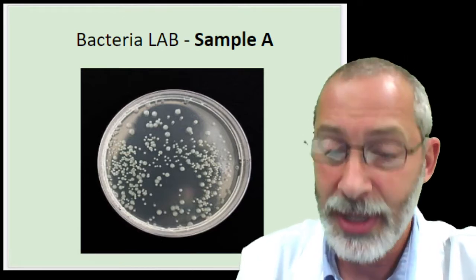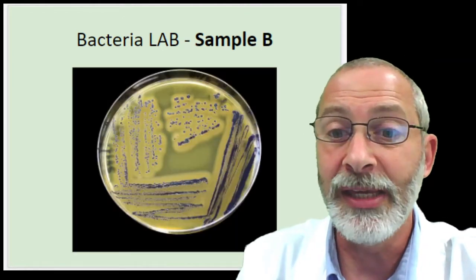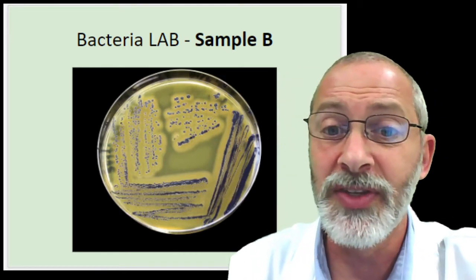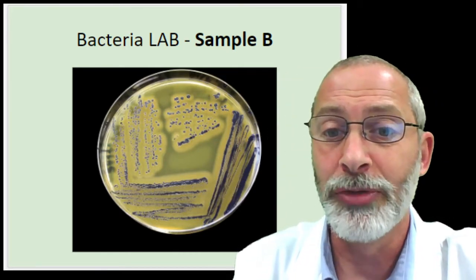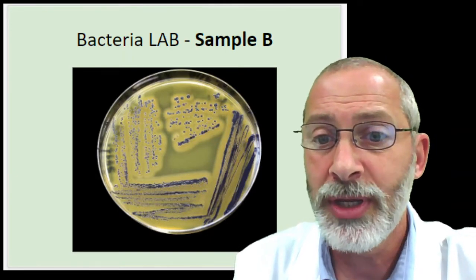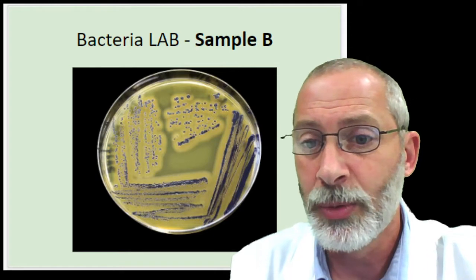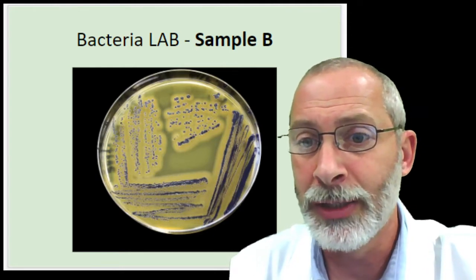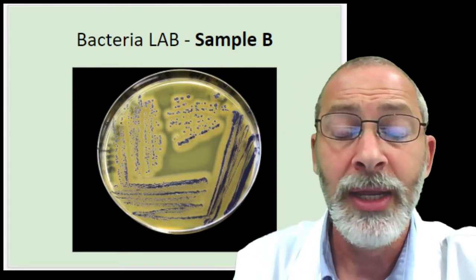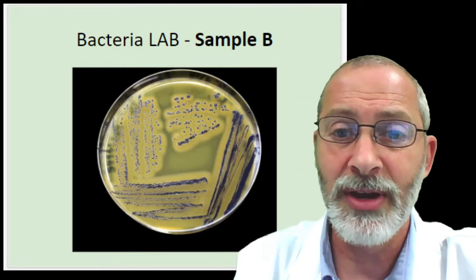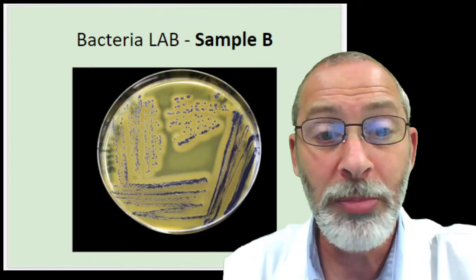So you've got a good mental picture of sample A. Let's go now to sample B. Ooh, look at this. This is from the bathroom sink. And notice the shapes of these colonies. We've got more rod-shaped colonies going on here, and some spherical too. But remember, these aren't necessarily the shape of individual bacteria.